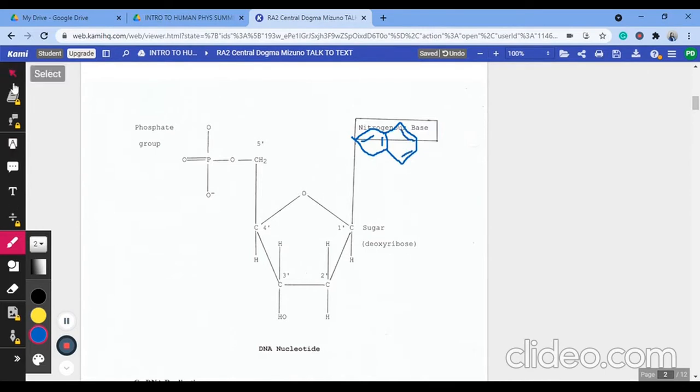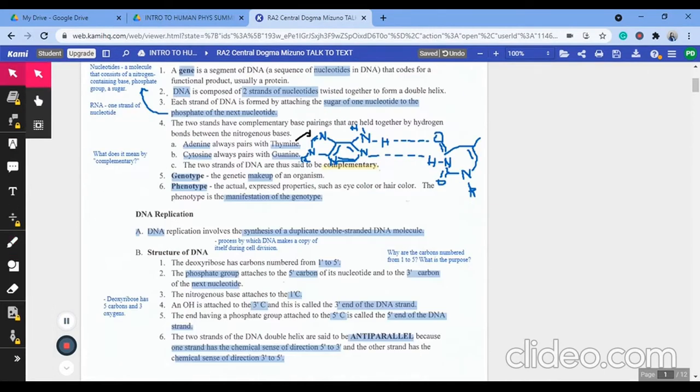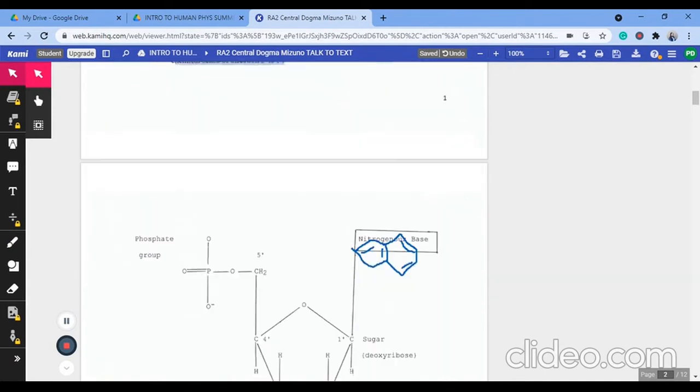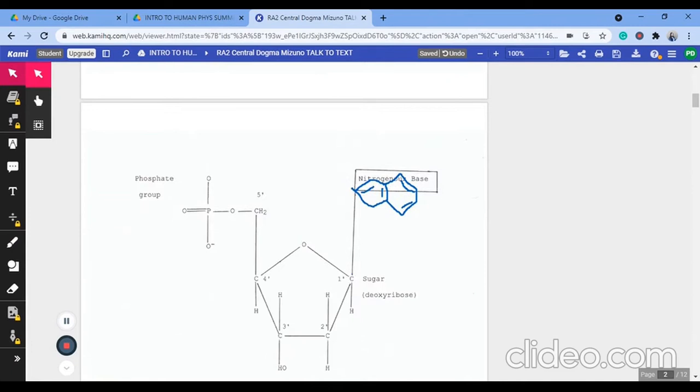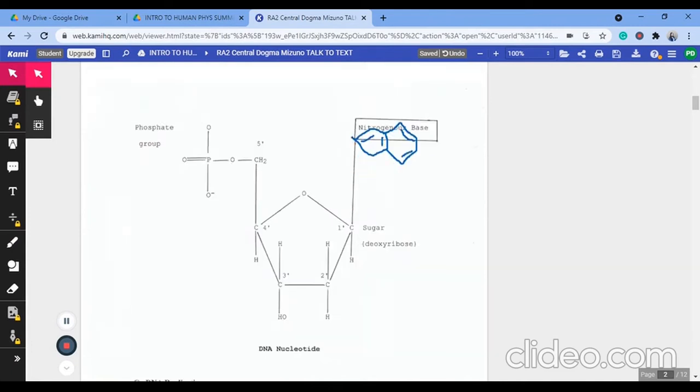And looking back, it says here that the phosphate group attaches to the 5 carbon of its nucleotide and to the 3 carbon of the next nucleotide. So to the 3 carbon. So yeah, this is the 5 carbon attached to the 3 carbon.